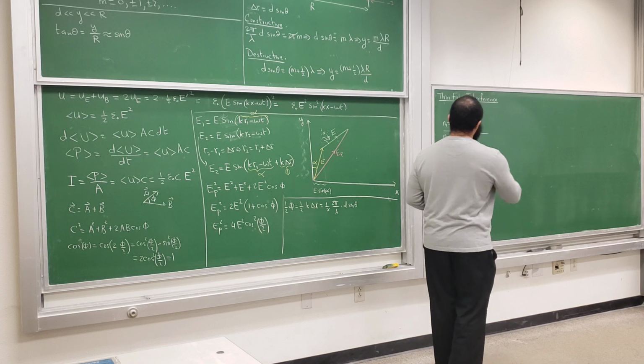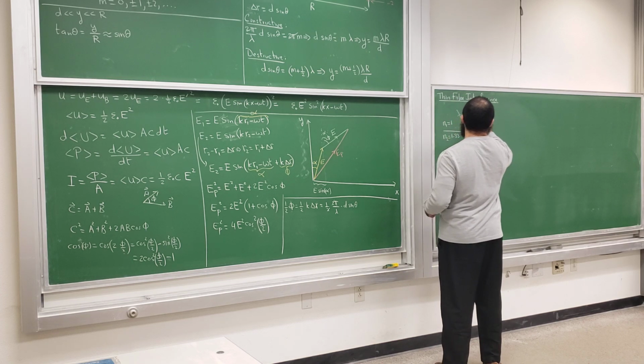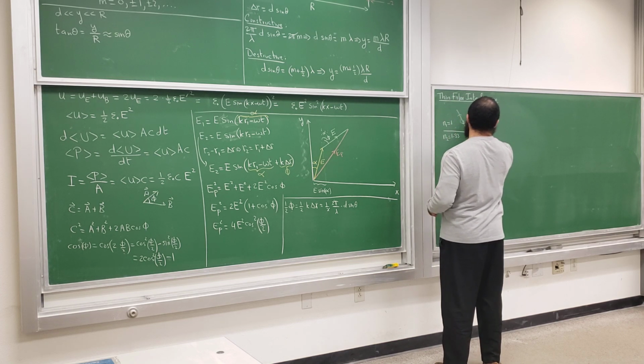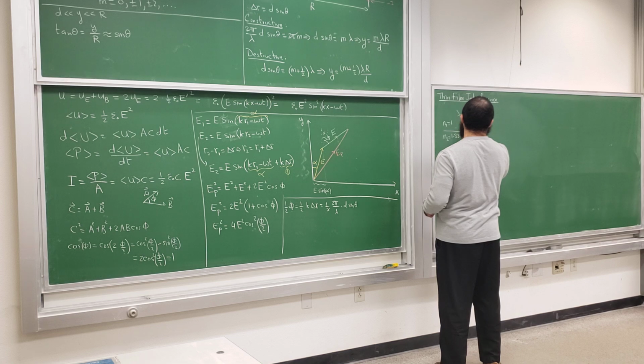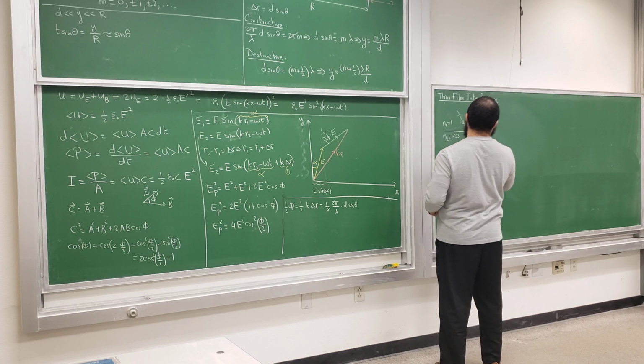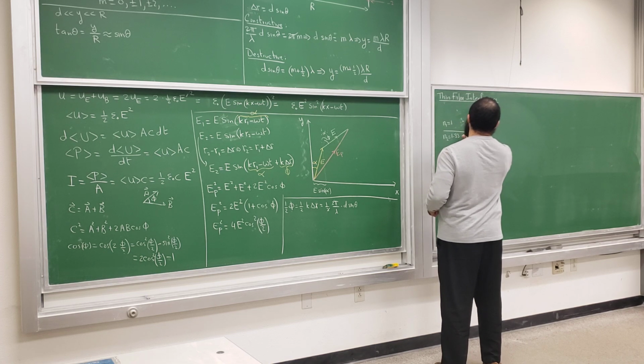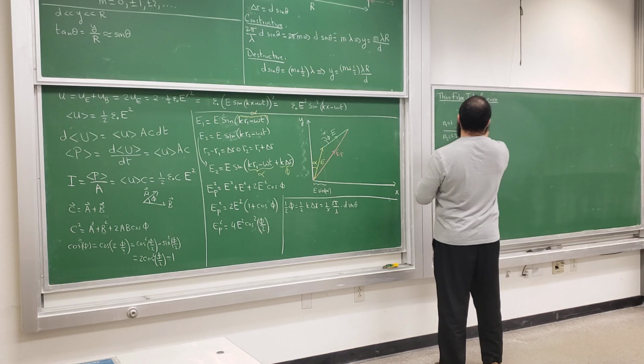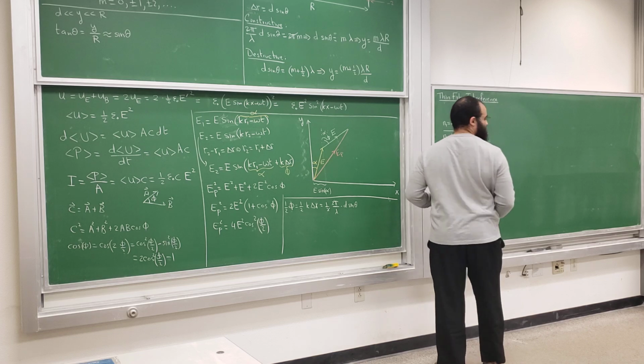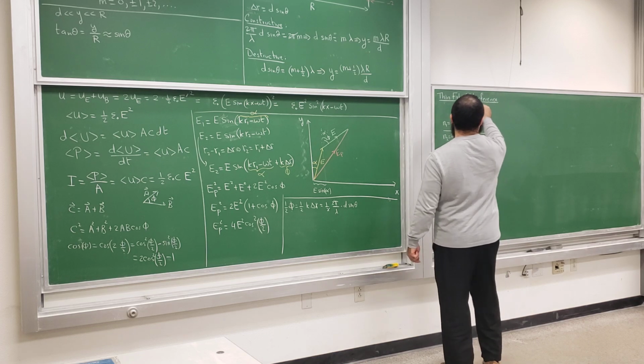So let me just draw it at normal incidence, almost normal, so that we can see what happens more clearly. So let's say I have it incident like this, coming in this way.